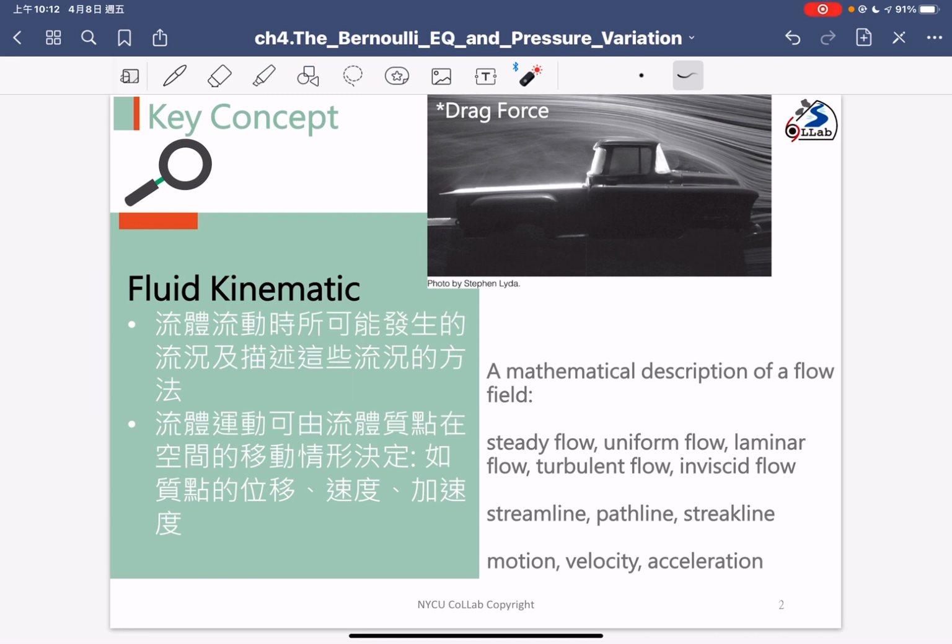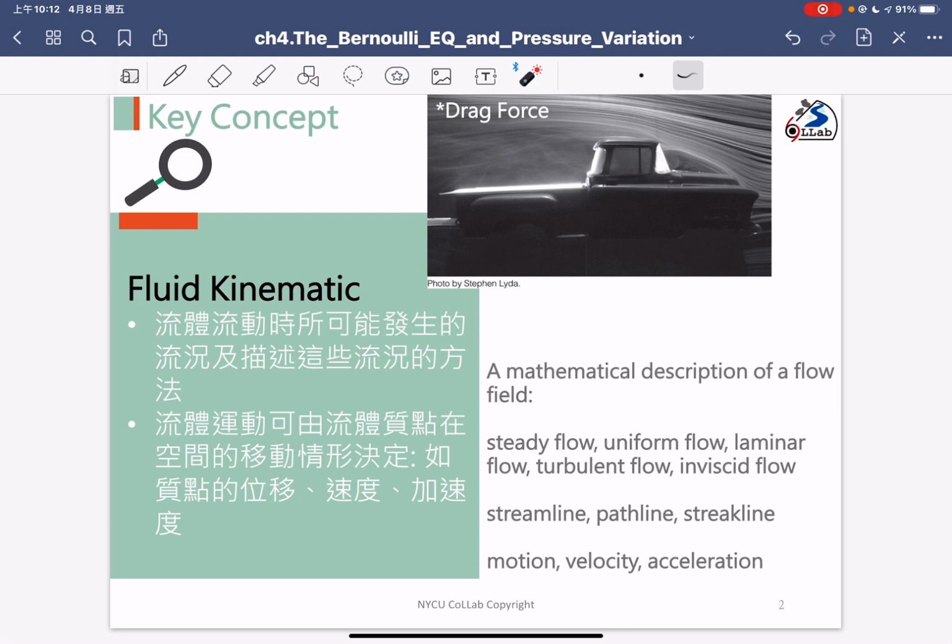And then there are some flow conditions, as I am showing here: steady, uniform, laminar, turbulent, and inviscid.